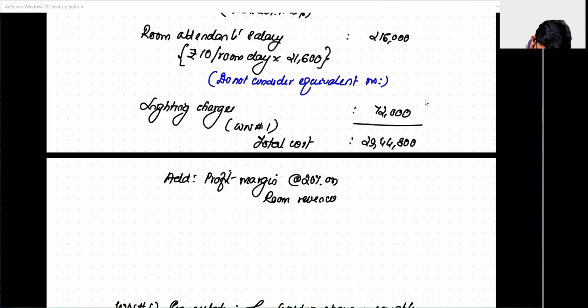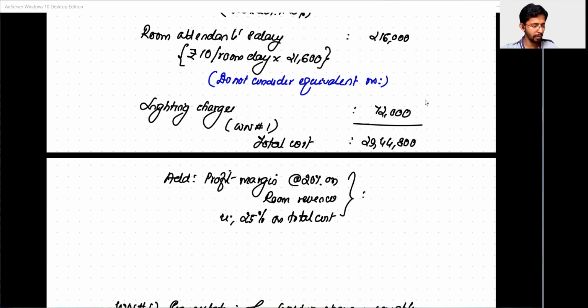That is equal to 25% or 1/4 on total cost. So this will be 29,44,800 into 25%. It will be 7,36,200.